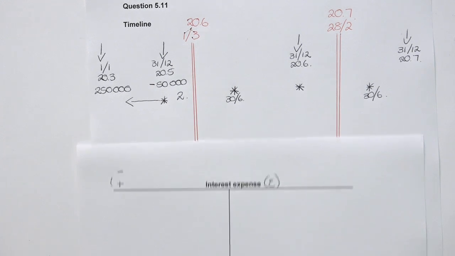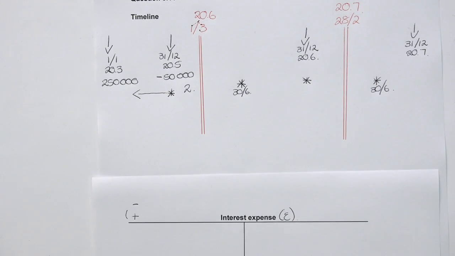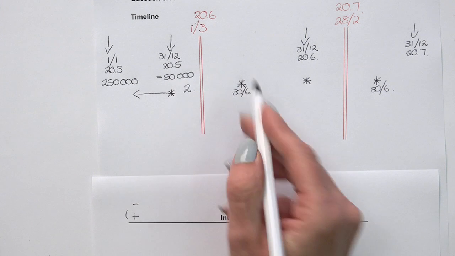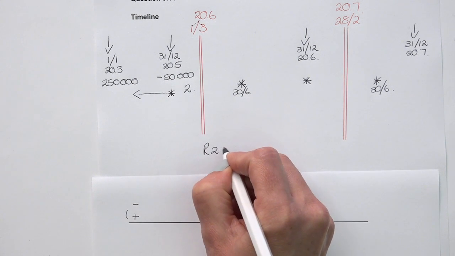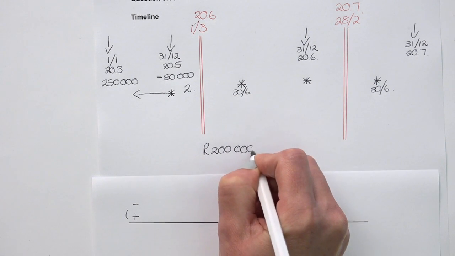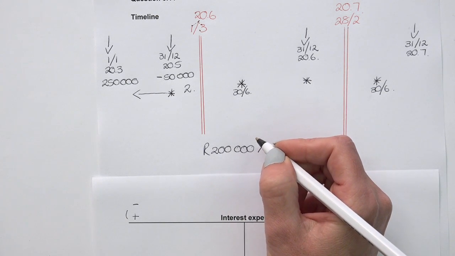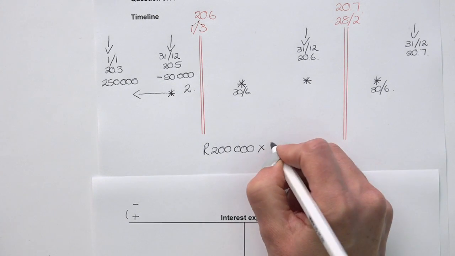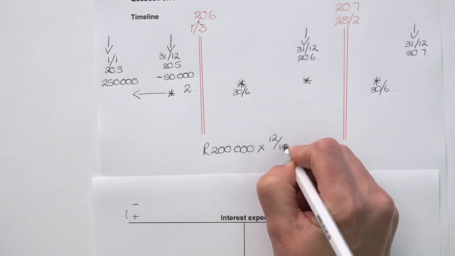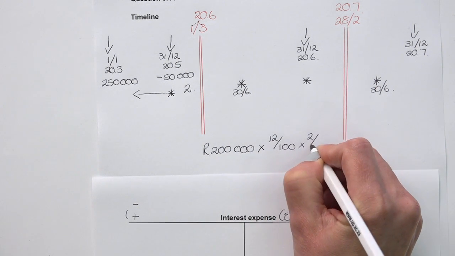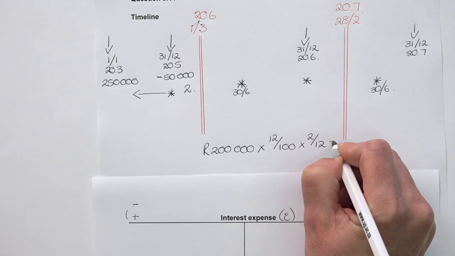For that 2 months, I need to calculate the outstanding interest. So I'm going to take my outstanding capital amount, which is 200,000 Rand, multiplied with the interest rate, which was given as 12%, for the period of 2 months.